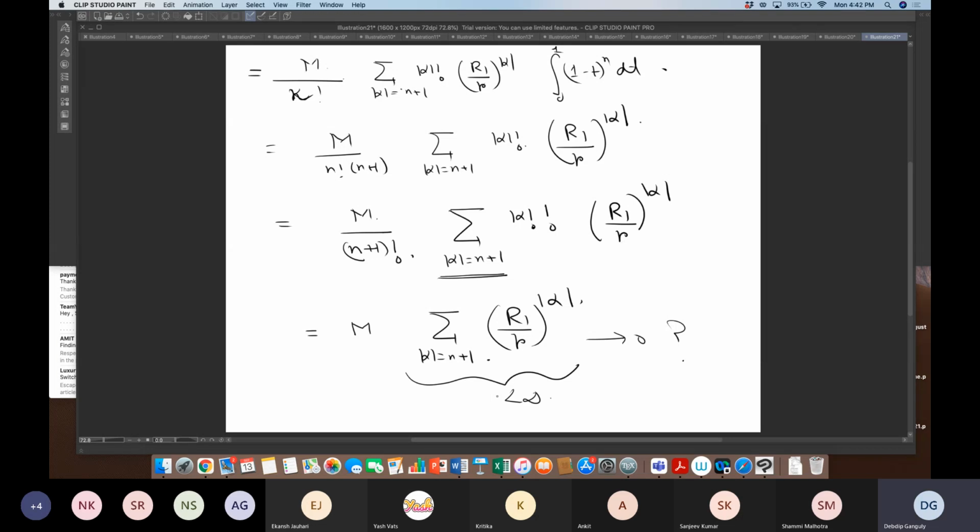n plus 1 factorial tends to 0 as n goes to infinity. No, that gets cancelled. No, mod alpha is n plus 1. This gets cancelled. No, somehow 1 by n should be there. I made a mistake somewhere. But let me check again.